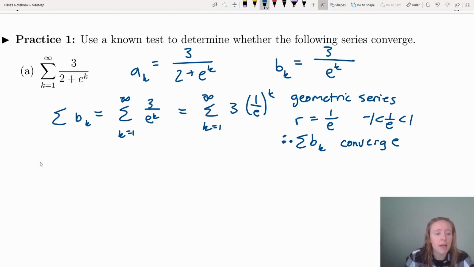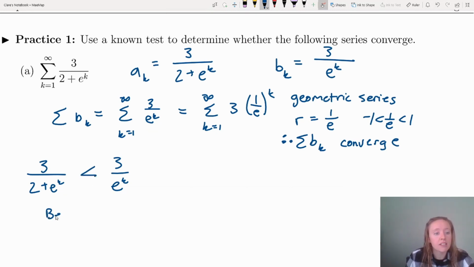So if I look back up at my a sub k, 3 over 2 plus e to the k, and I compare that with 3 over e to the k, you can see my numerators are the same, but my denominator for a sub k is bigger than b sub k, which makes my overall fraction smaller.